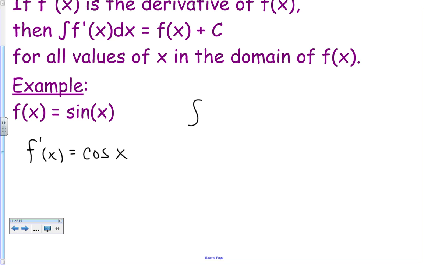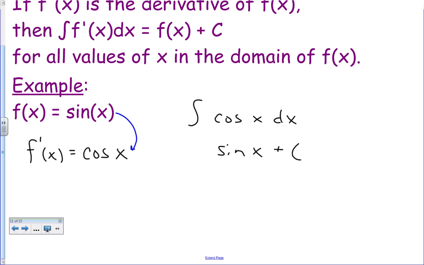In other words, the antiderivative of the cosine of x dx turns out to be the sine of x plus c.